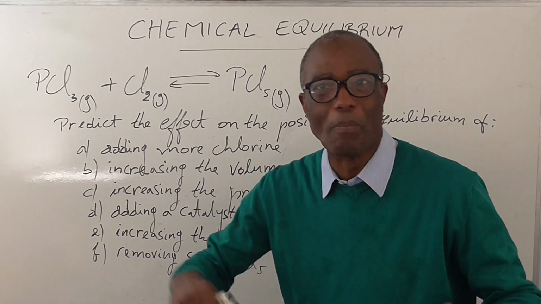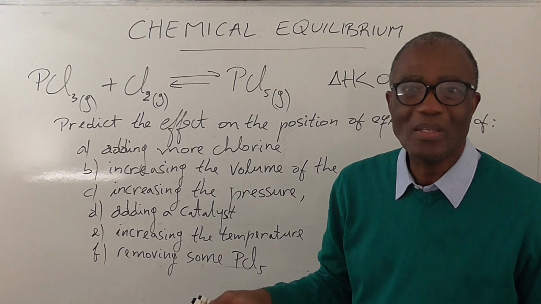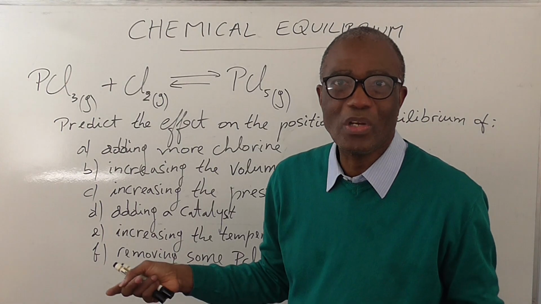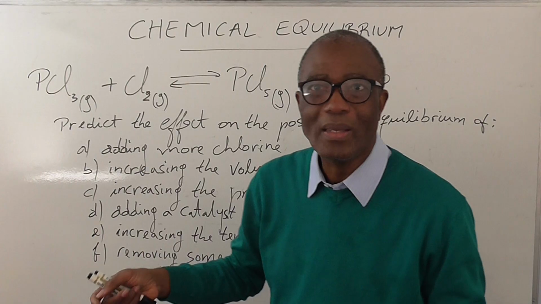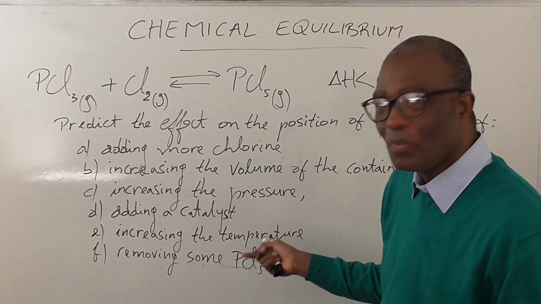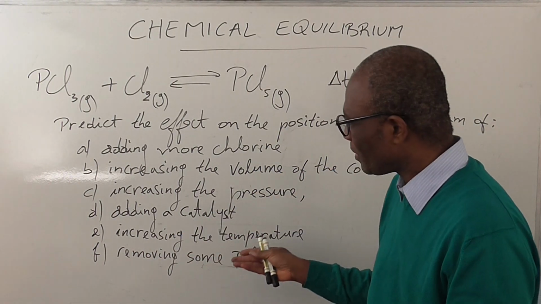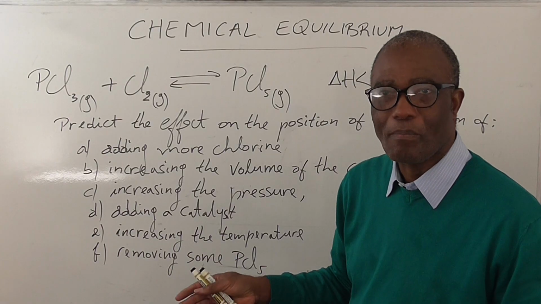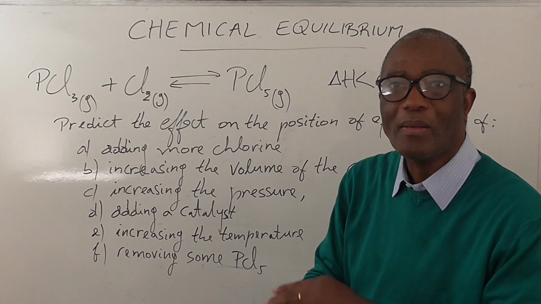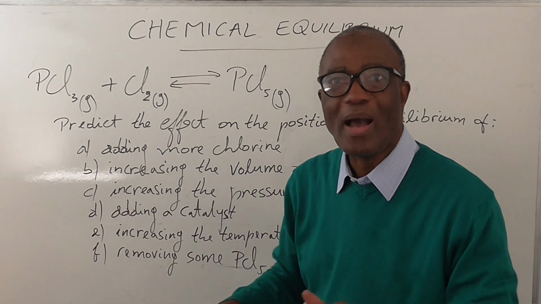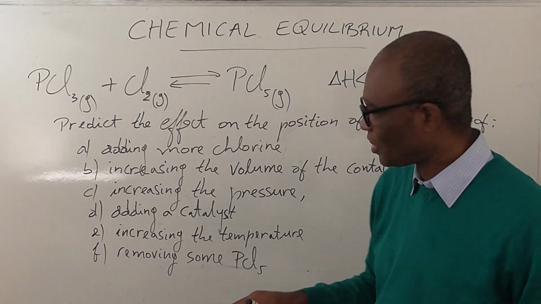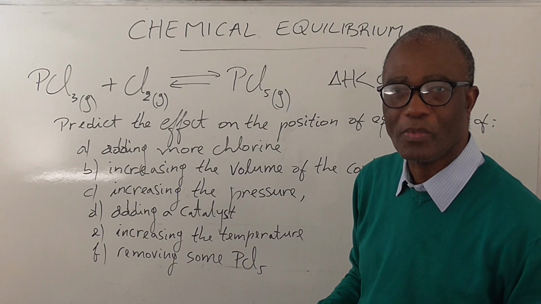You don't need to supply heat to reach the equilibrium. This is the only advantage, but the position of equilibrium will not be affected by the addition of a catalyst.